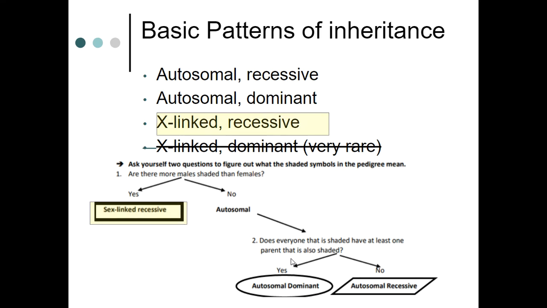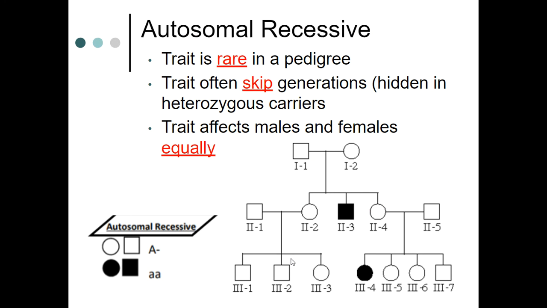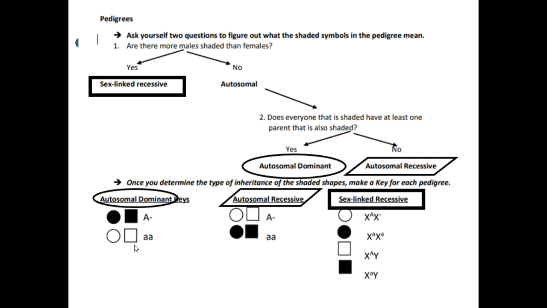So let's see what we mean by that. Autosomal recessive, this is rare. Now, once you determine how it's inherited, the first thing you should do is make a key. And you will notice that your keys are going to be different because you're talking about what's shaded, depending on how you say it's inherited. So if it's autosomal recessive, that means the ones shaded in are going to be 2 little letters.